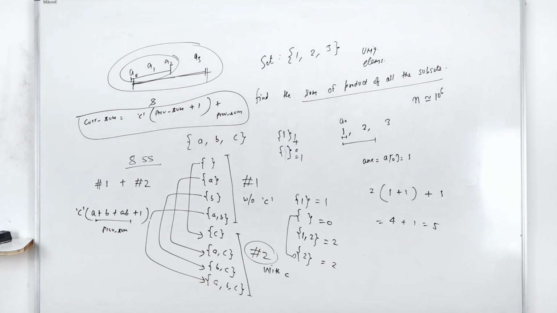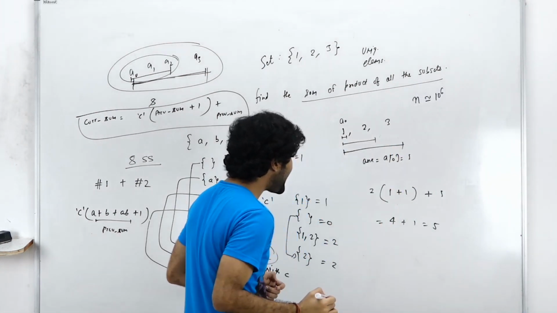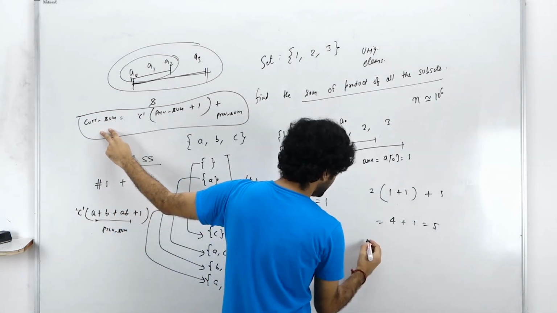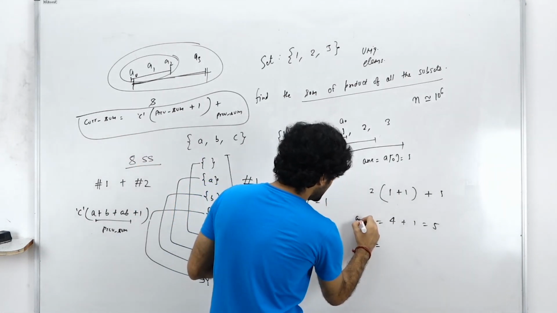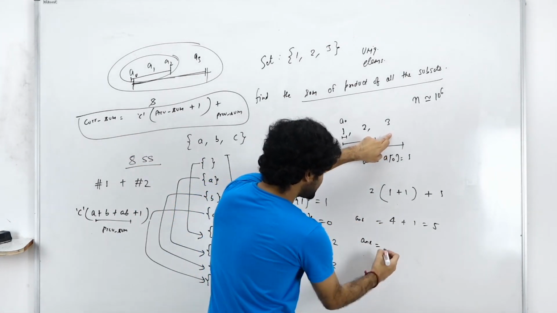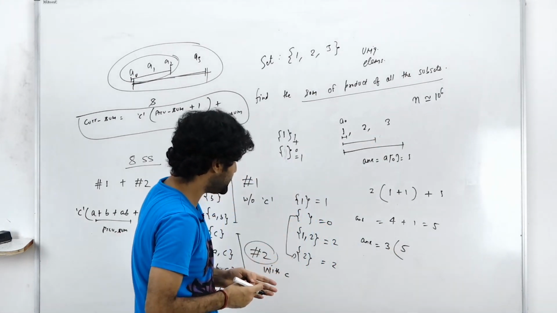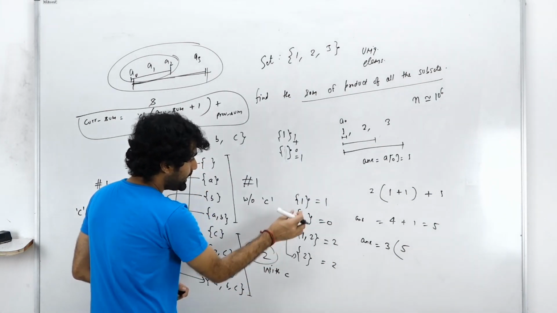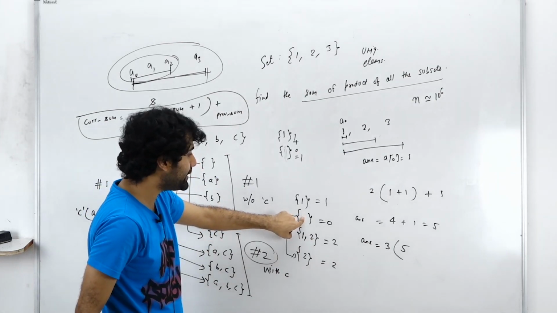So now similarly, the moment you include a new element, which is this, what would happen? Currently your answer is equal to 5. New element that has come is 3, so it will be 3 multiplied by previous answer, because this 3 would get concatenated with this thing, as well as this thing, and also it will get concatenated over here.